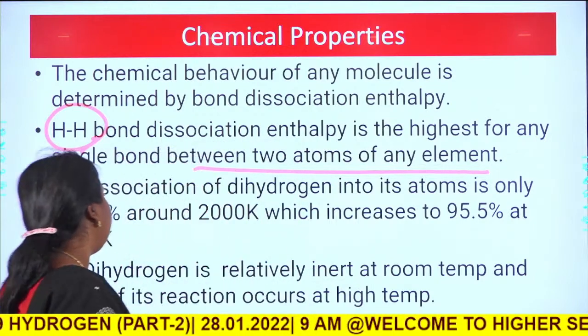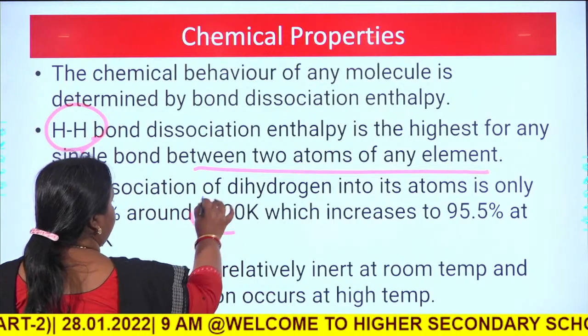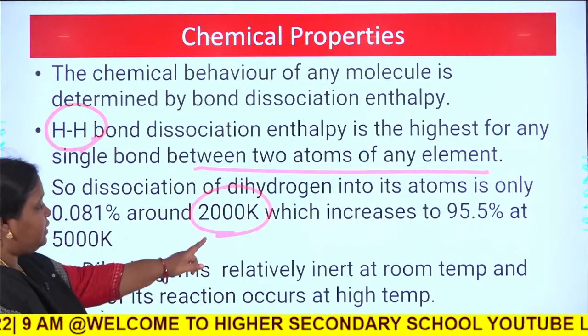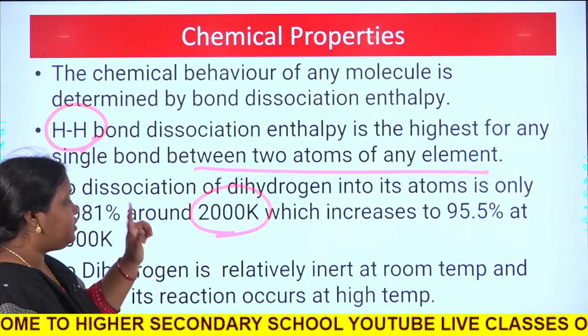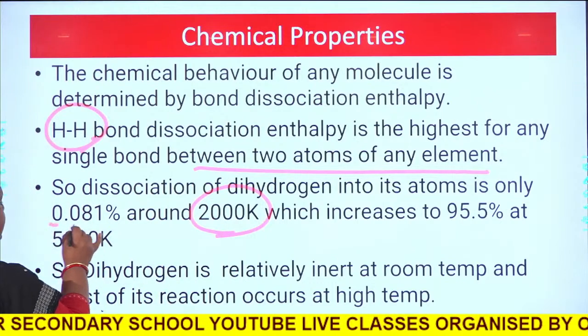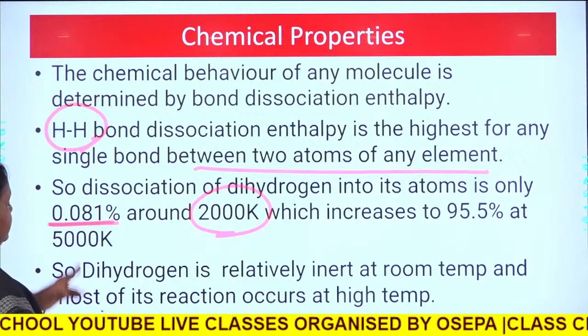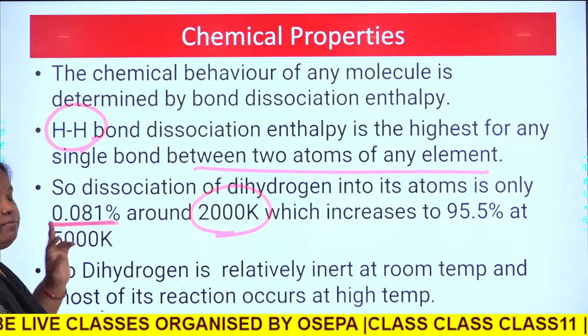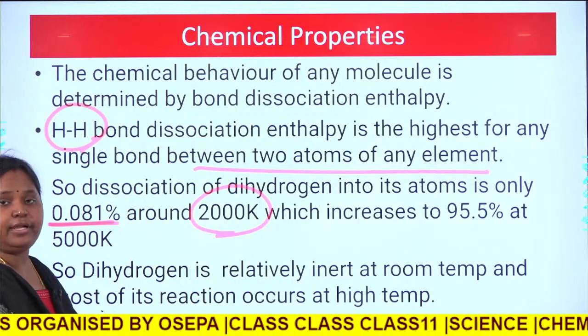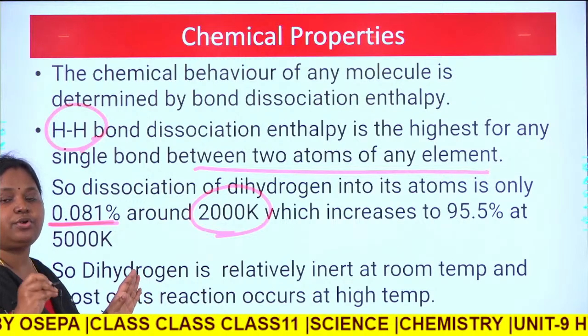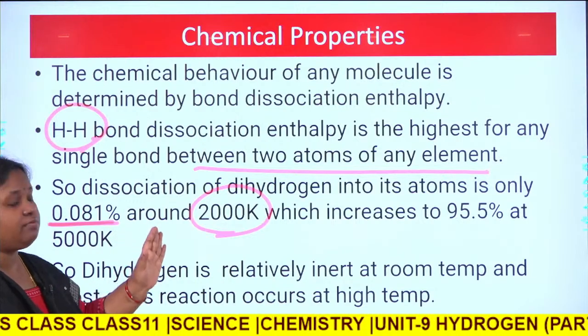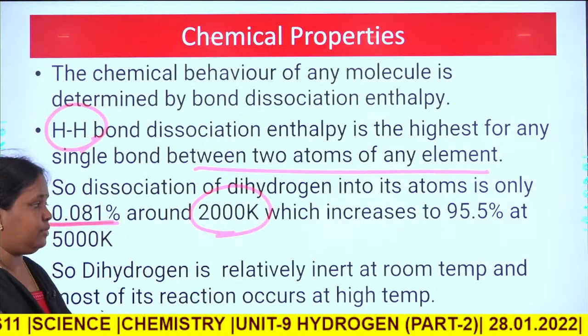If you see that at 2000 Kelvin, the temperature is so high, but the dissociation of hydrogen is only 0.081%. At 2000 Kelvin, only 0.081% of hydrogen molecules will dissociate into atoms.